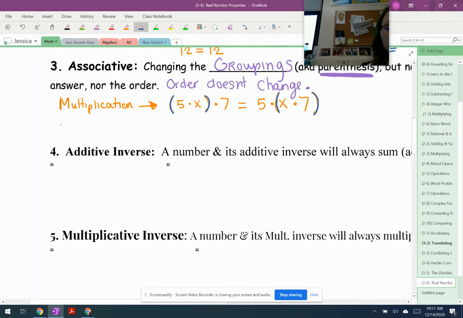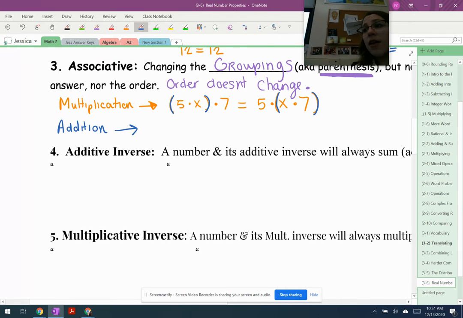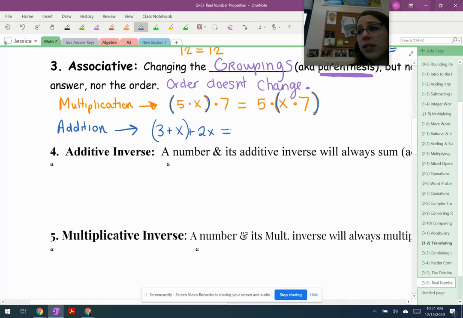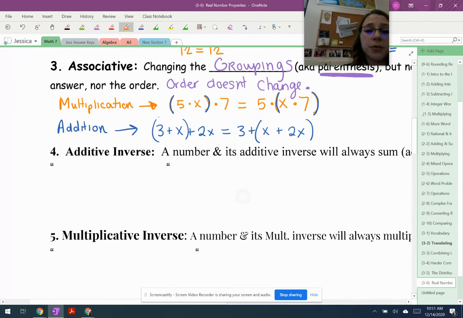And that also works for addition in the same exact kind of process. That if I have 3 plus x plus 2x, and the 3 plus x is in parentheses, that would still give me the same answer as if I did 3 plus x plus 2x. Again, notice the order hasn't changed at all, but this time the x and the 2x are in parentheses.